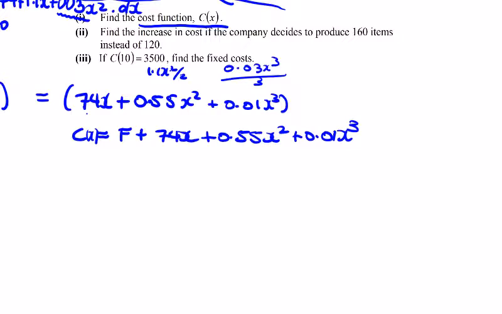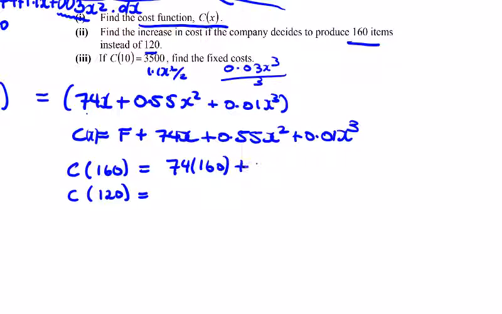Now, I think this is a substitution. Find the increase in cost if the company decides to produce 160 instead of 120. So C of 160, this is just calculator use, and C of 120. Fixed costs stay the same, so we can eliminate those. So just type this into a calculator. Don't think I can do this one without.